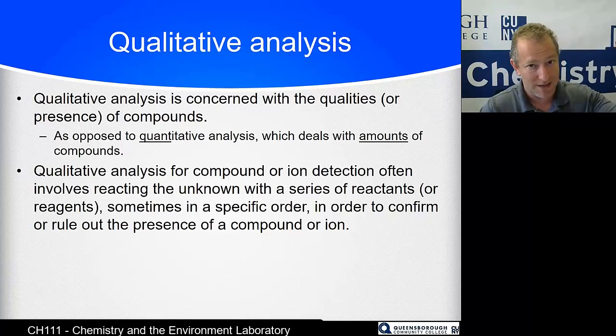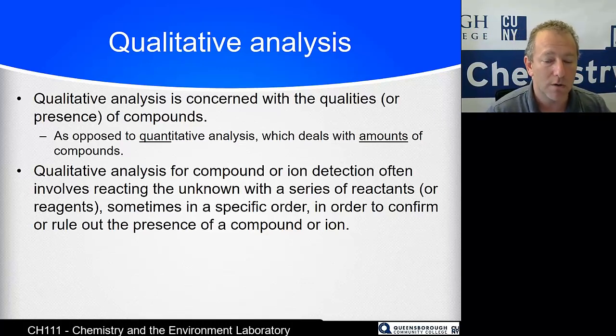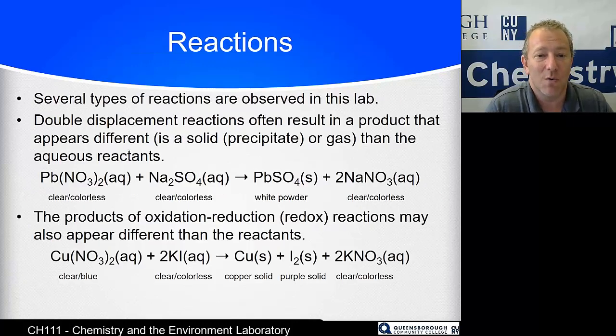All right, based on it doing this, then we'll react with this stuff and see, does it do this or does it do this, and so on and so forth until you get down to a known identification of the compound. That's it. So there are a variety of different reactions that are observed in the lab that will support your knowledge in the lecture. And here are the first two.